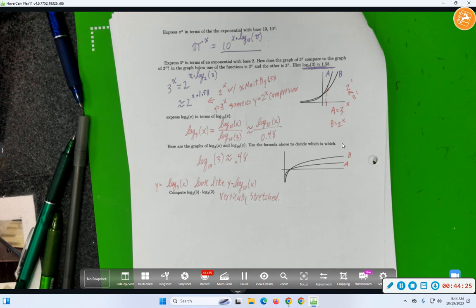So one of those should be like the other, but with all the y values just about doubled. Which one of the two has bigger y values? B. This should have like all the y values double the value of log base 10 of x. So this one's log base 3. Log base 3 is the taller one.